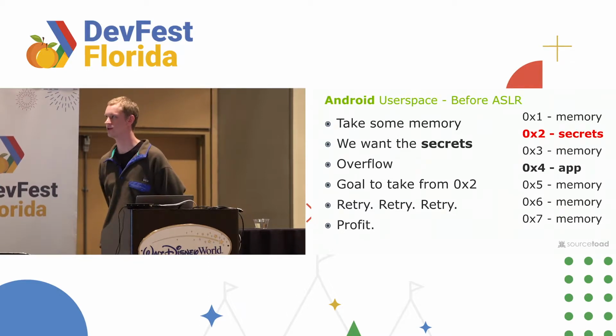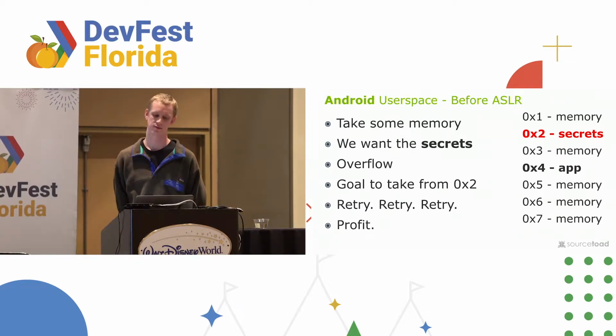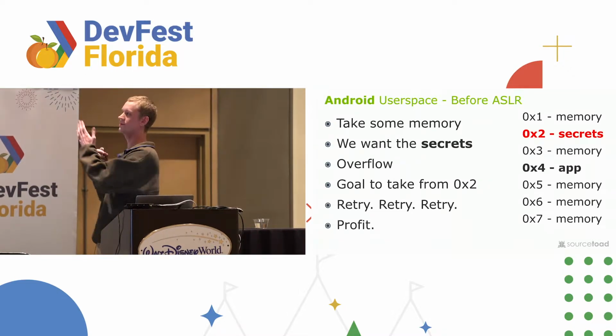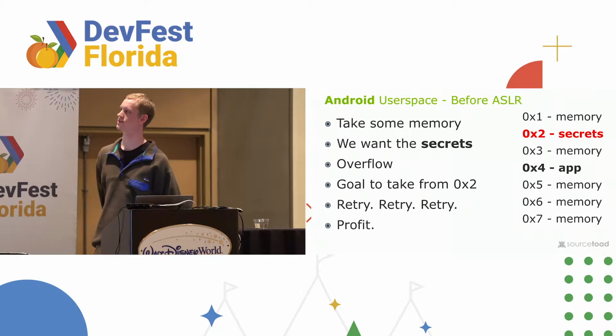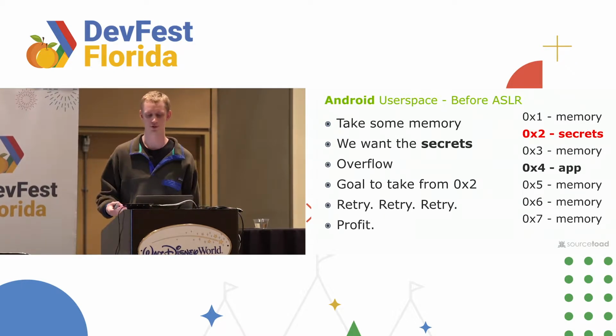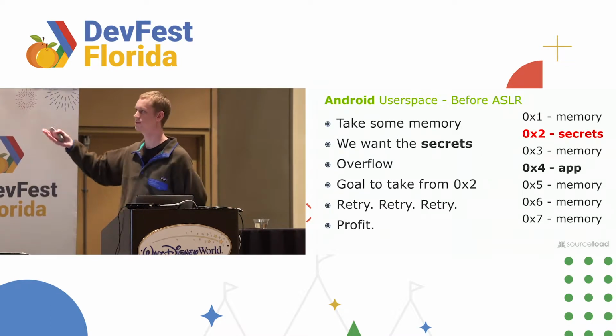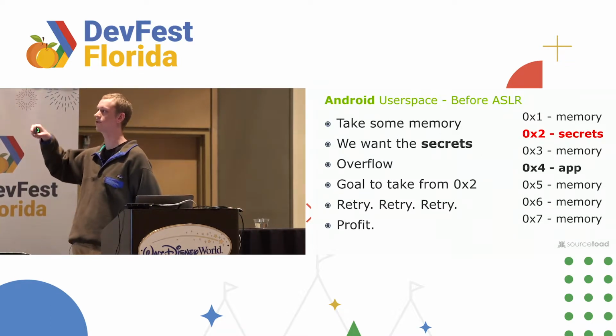So my first really nerdy deep dive into something is called ASLR, and someone here might know it, and no, it's not ASMR, it's ASLR. For this example, imagine these are just a bunch of hex addresses on the side. Memory holds things, whether that's secrets or your app running. For some example, we want to get this red secrets blob.